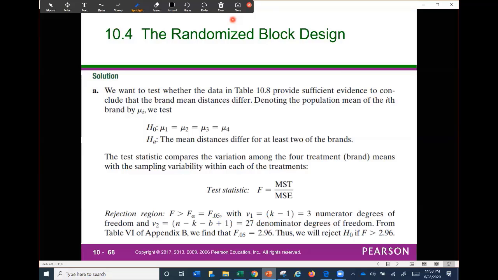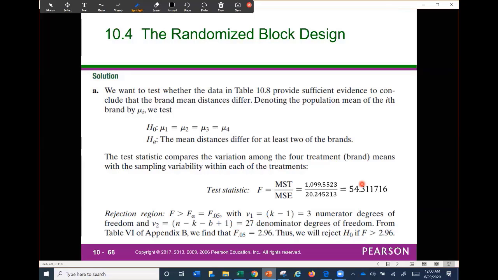If we obtain an F value greater than my reference value obtained in the table for this level of significance, 0.05, with 3 degrees of freedom for the numerator and 27 for the denominator, we obtain this value 2.96 in the F table for significance level 0.05. Remember, we have different tables for different significance levels: 0.05, 0.01, 0.10, 0.025.